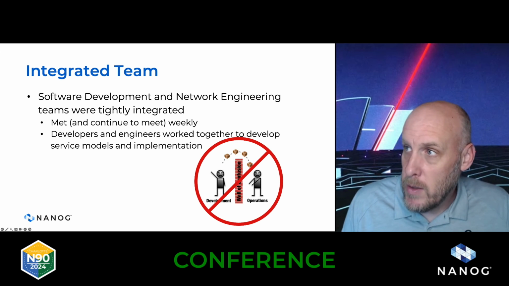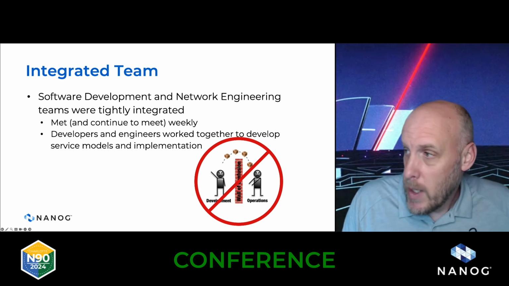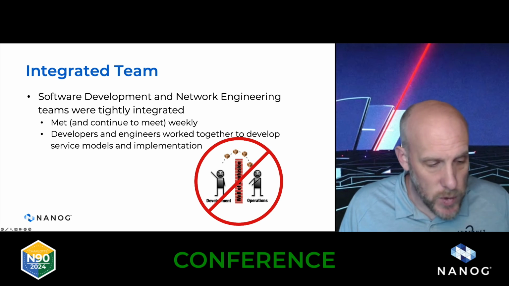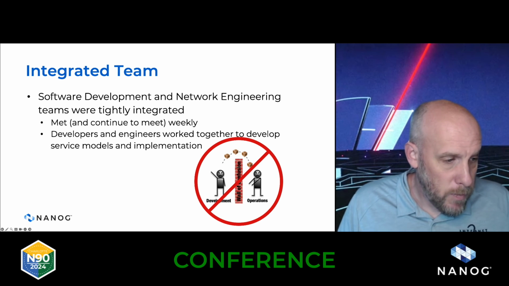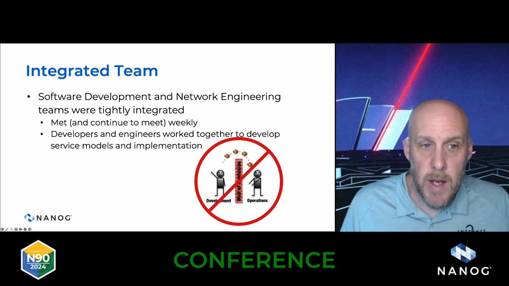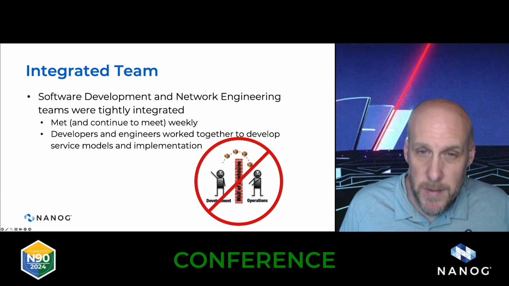We have an official meeting on the calendar weekly. We still meet weekly. But during development of all these initial NSO service models, an engineer and the software developer might be meeting every day, or working hand in hand. And to me, this was the number one factor in our success.